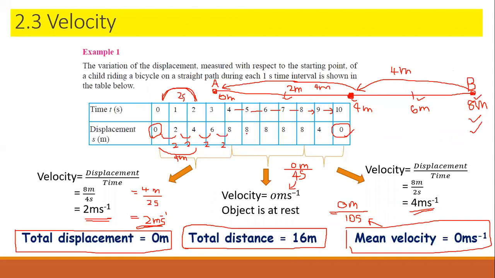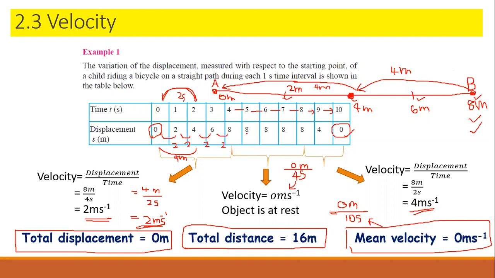Yeah. So here, Timandi, in this table, we saw that there are 3 types of movement. Once we are given this kind of table, we have to explain the movement of that particular object, or here in this case, the movement of that child who is riding a bicycle.